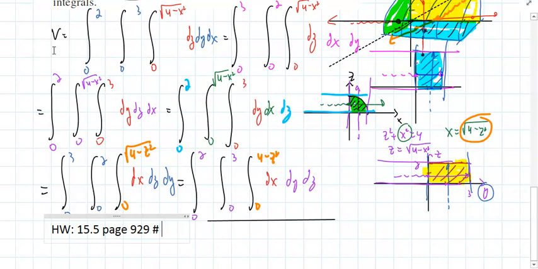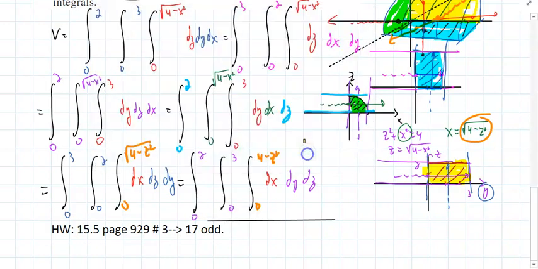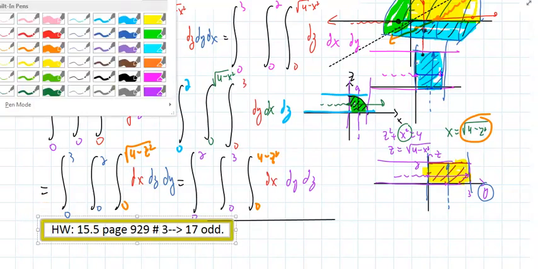And you're going to do numbers 3 through 17. Odd, not to worry. 3 and 5 are the only ones like that. 7 to 17 you're integrating. I'm going to make sure that you start practicing your integration a bit more. Again, I'll wrap this section up next time. We're not done with this section.